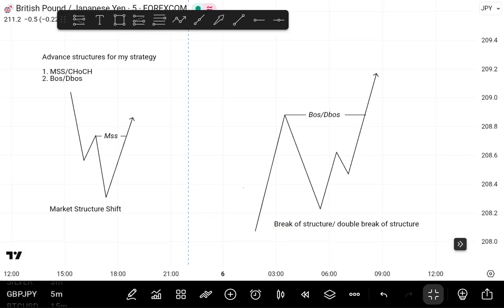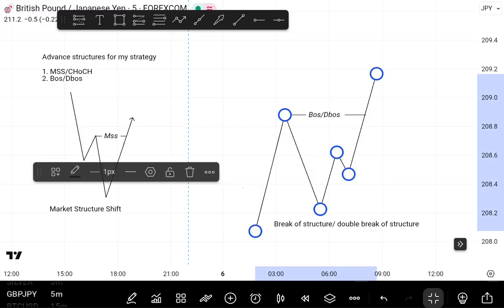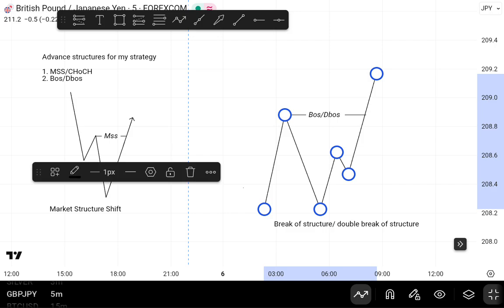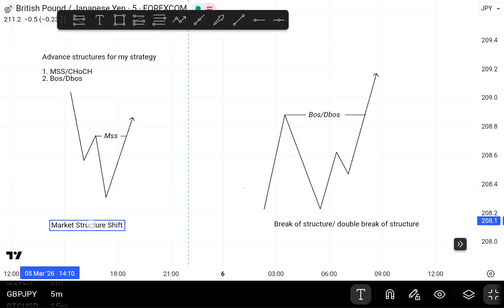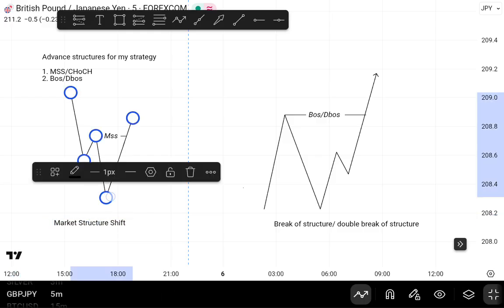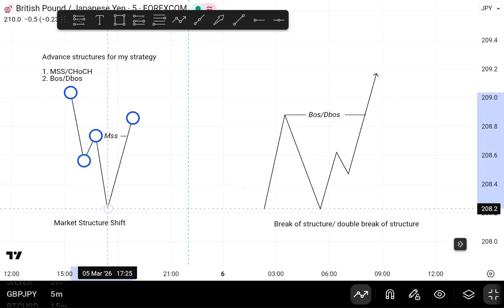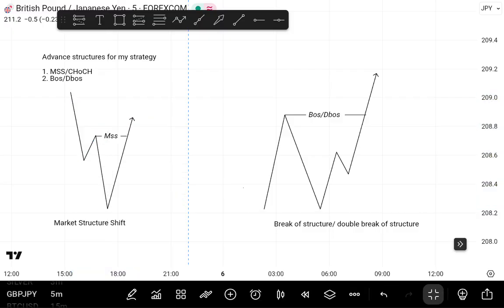These are the two structures I do use: break structure or double break structure.